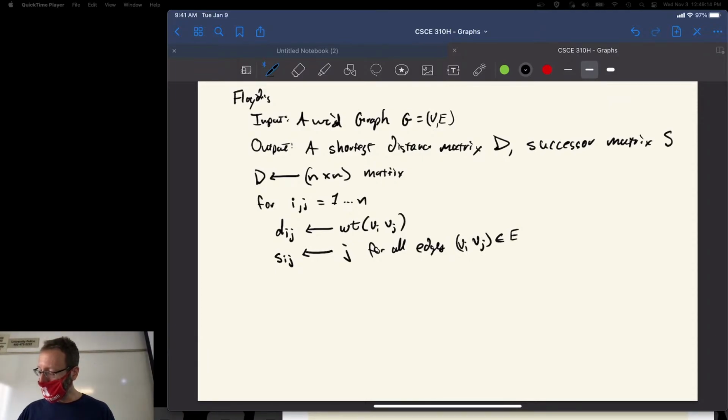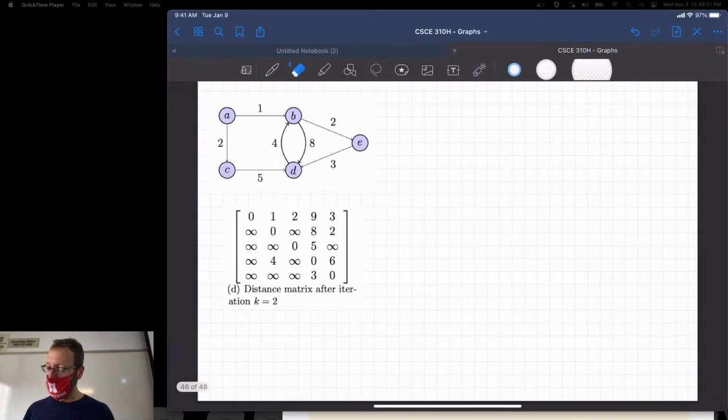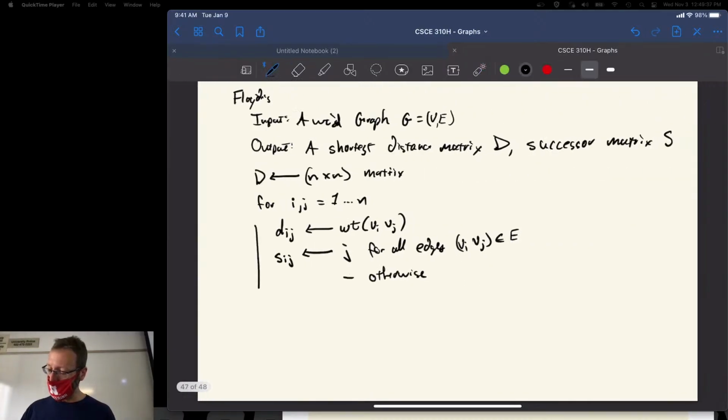It's going to be nil otherwise. So for example here, we're jumping ahead a couple of iterations of this algorithm, but when I say nil, I mean this: there is no successor because the weight is going to end up being infinite. That's just the initialization.